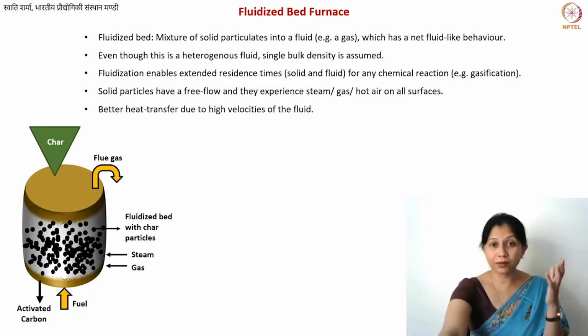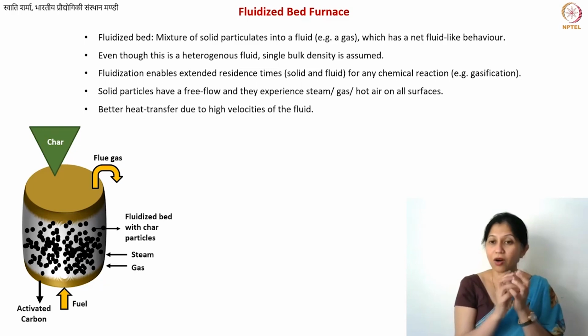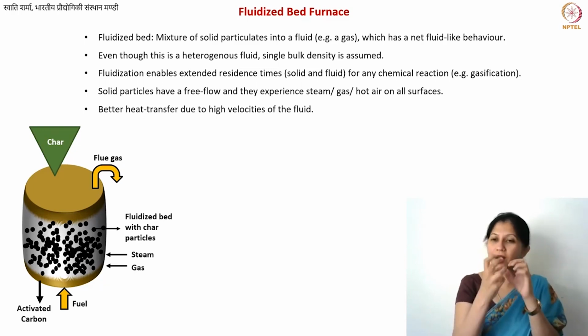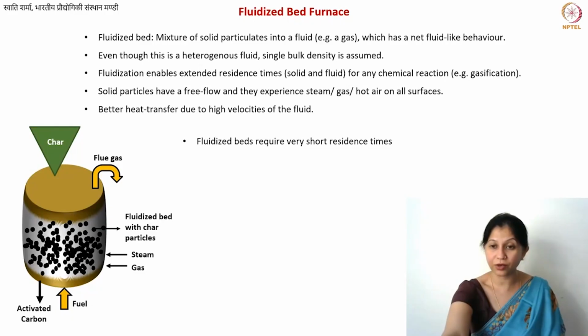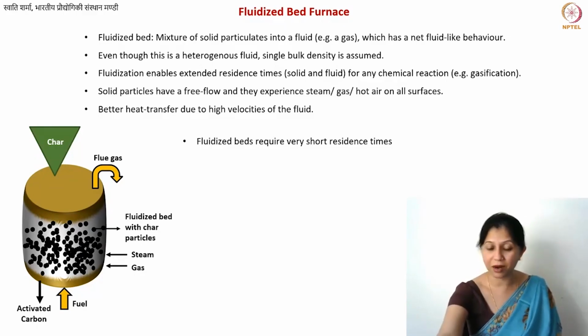Also, because your steam or hot gas is always around your char particles with very high velocities, heat transfer is also relatively fast. Because of all these factors, you need to make sure that you don't leave the carbon for too long inside the furnace, or you may end up losing the carbon mass, the fixed carbon mass.